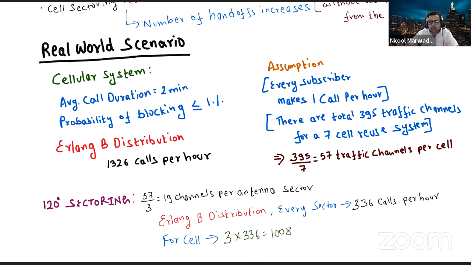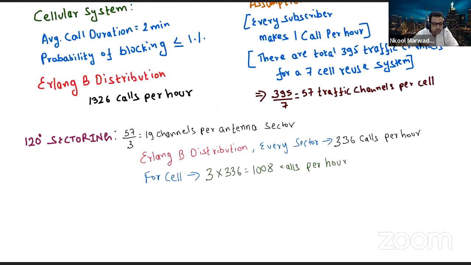Just compare it: it has reduced, and hence the trunking efficiency got reduced. It got reduced by 24%.